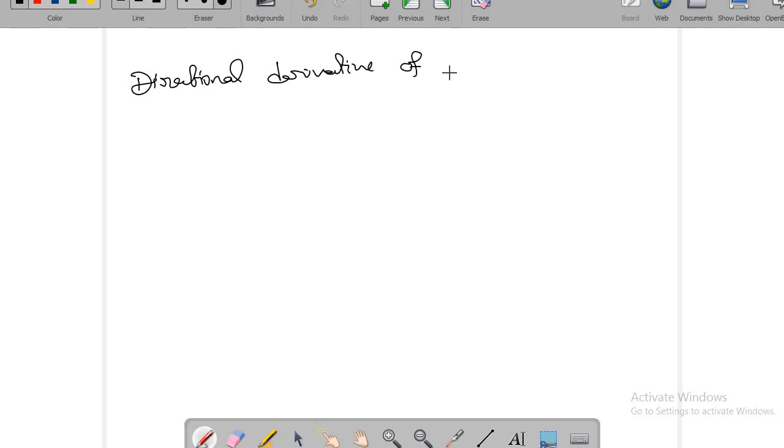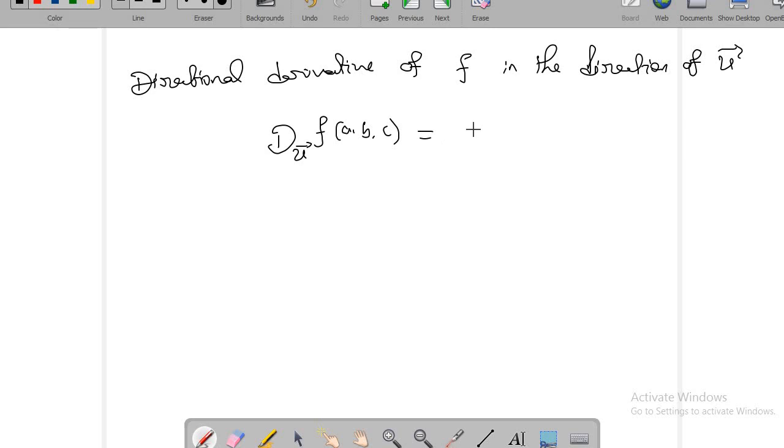So directional derivative of f in the direction of u, we are going to denote it like this: D u of f at a, b, c, which will be given by gradient of the function at this point dot product with u cap, where u cap is the unit vector.